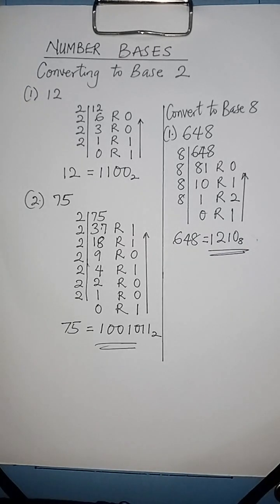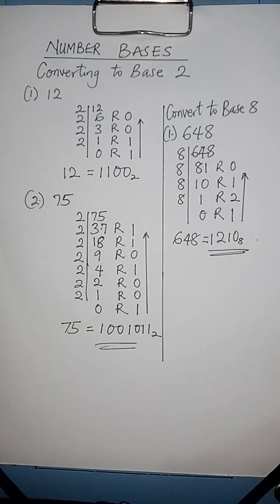When you convert into base 2, the digits that make up the conversion will just be 1 and 0, because 1 and 0 are less than 2. The same thing applies when you convert to base 8. The values will be less than 8. And that's why we had 1210 in base 8.